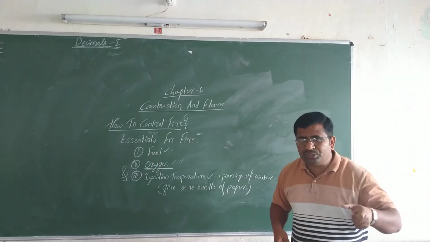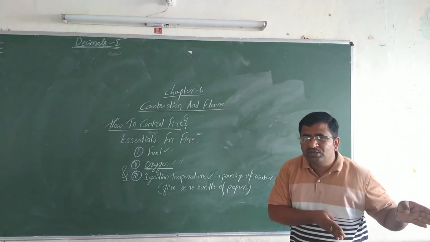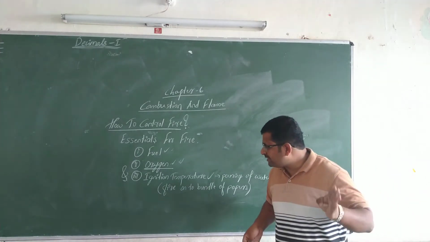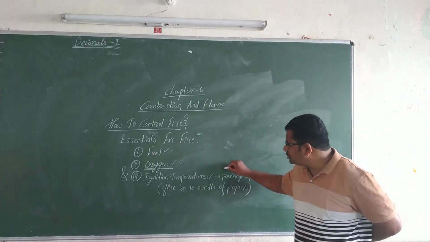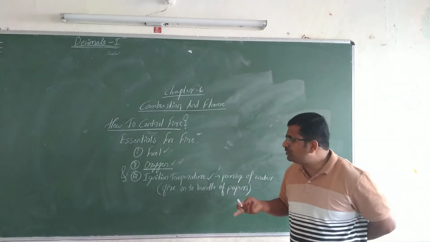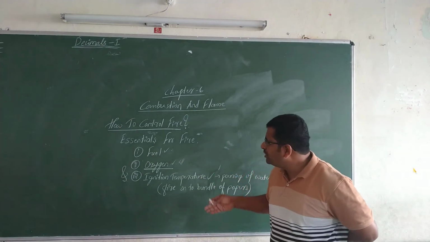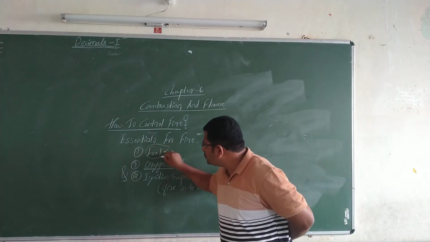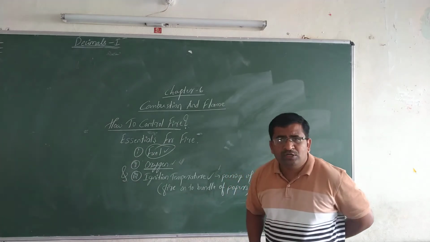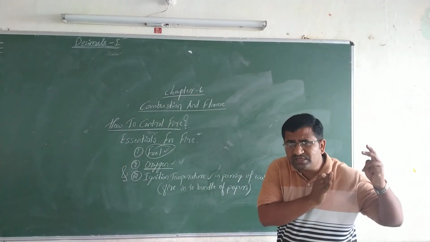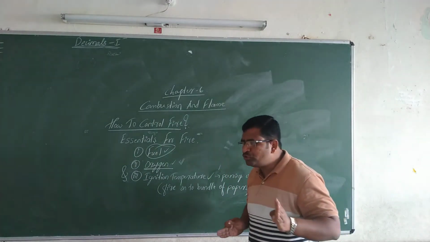In that situation, how to control the fire? In that example, reducing the ignition temperature is not possible, and reducing the oxygen supply is also not possible. So what should be done?